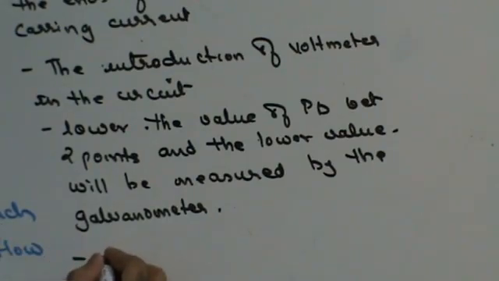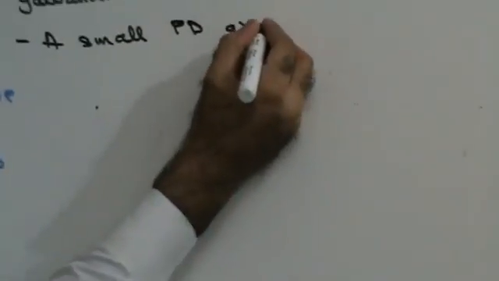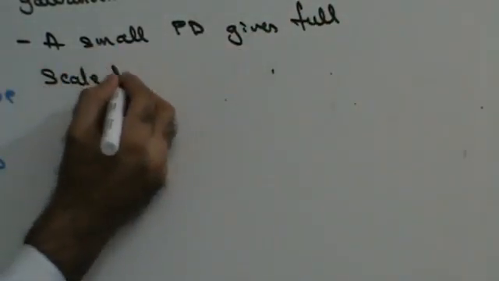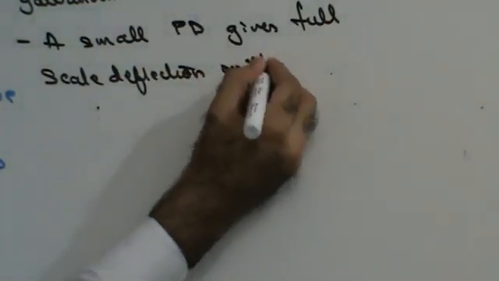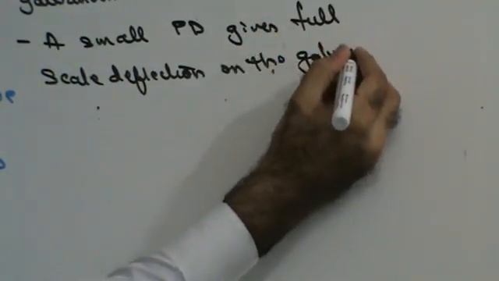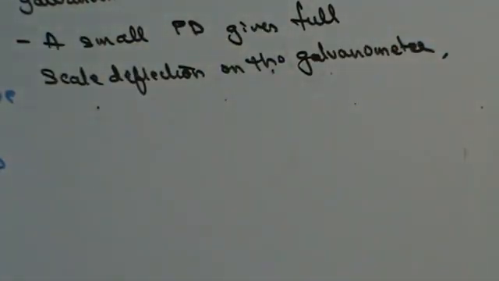Next, a small potential difference gives full scale deflection on the galvanometer. Right?